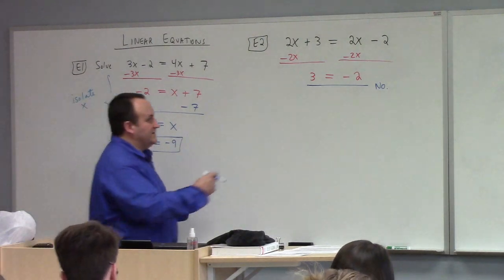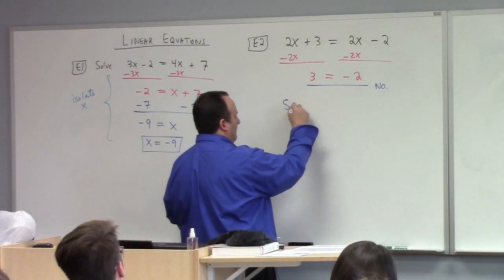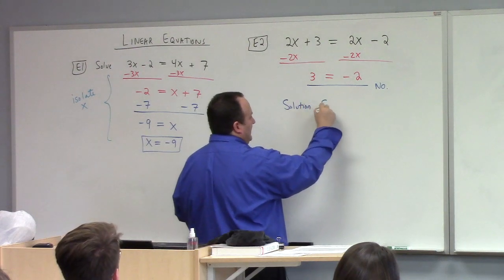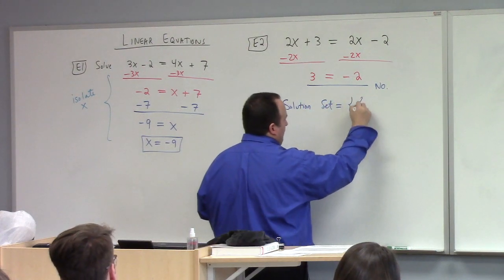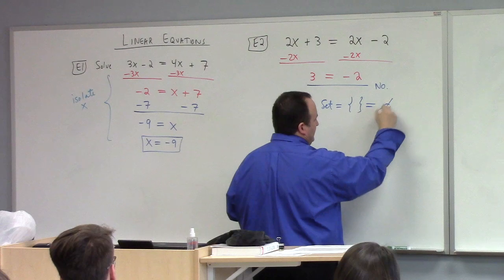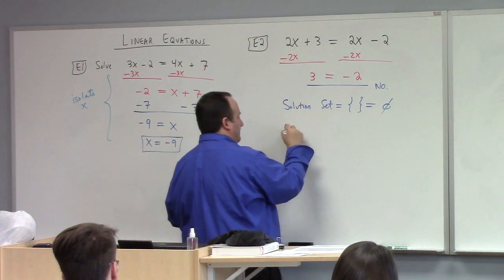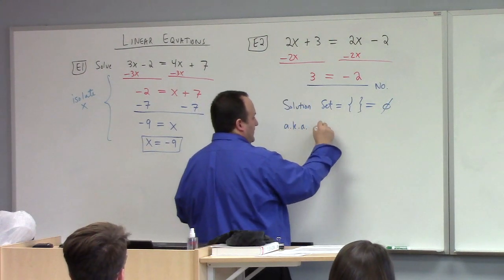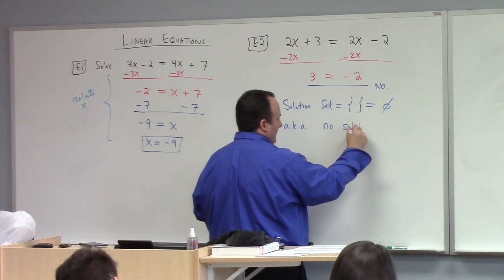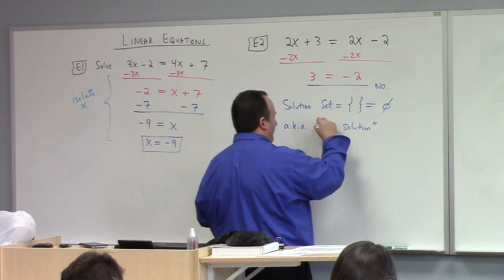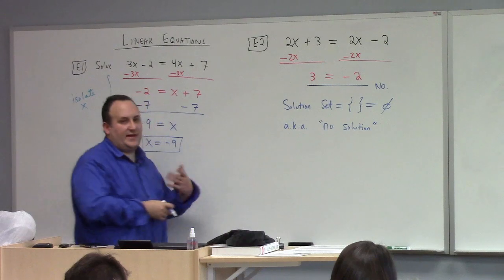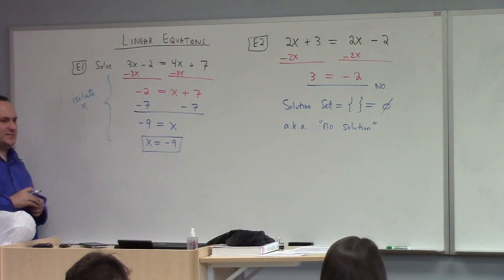So here the solution is, let me say it this way. The solution set is the empty set, which we also write as this, AKA no solution. So sometimes we ask, what's the solution set to a problem?